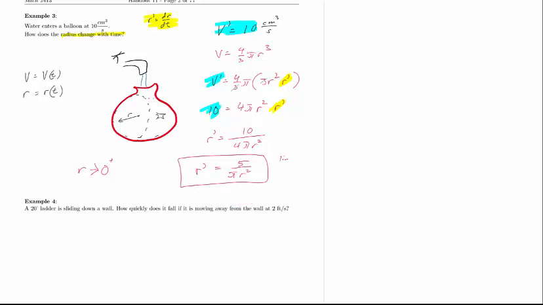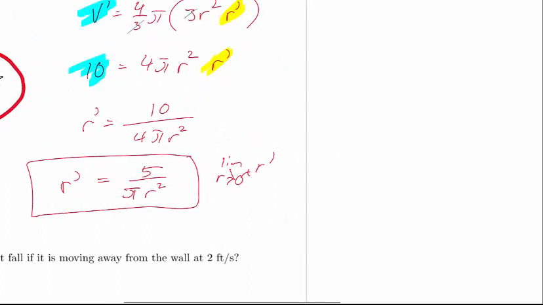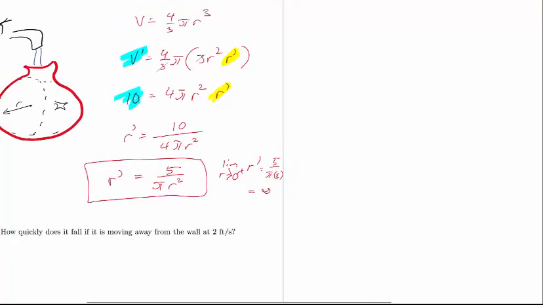That is the limit as the radius approaches 0 from the right of r prime. What does that become? Well, that's going to be 5 over pi, and then 0, so it's some really small positive number that we're just calling epsilon. Well, that's approaching infinity. So as your radius approaches 0, this whole thing is feeling really fast.